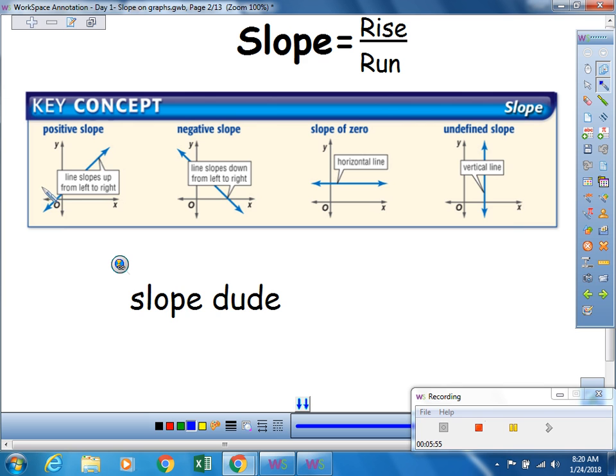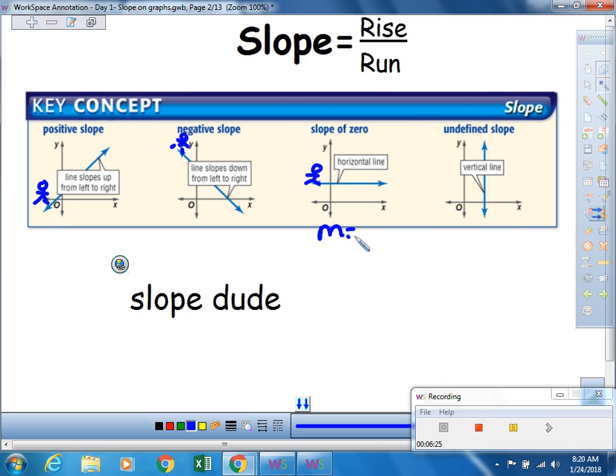So Slope Dude would be over here. So what's he saying? Positive. So left to right, what's Slope Dude saying? Nice negative. So what's he saying? Zero. So the slope is 0.